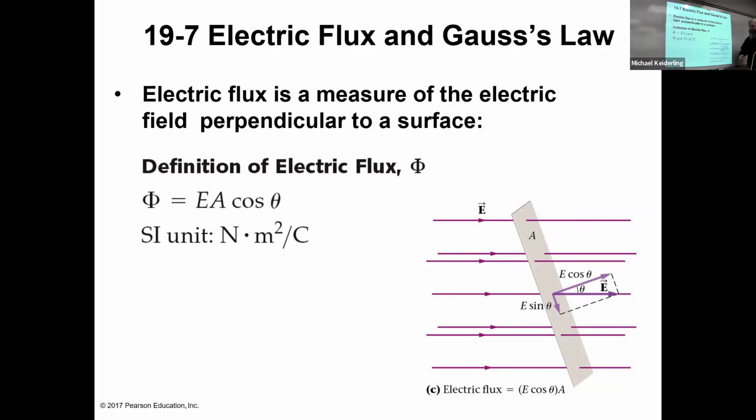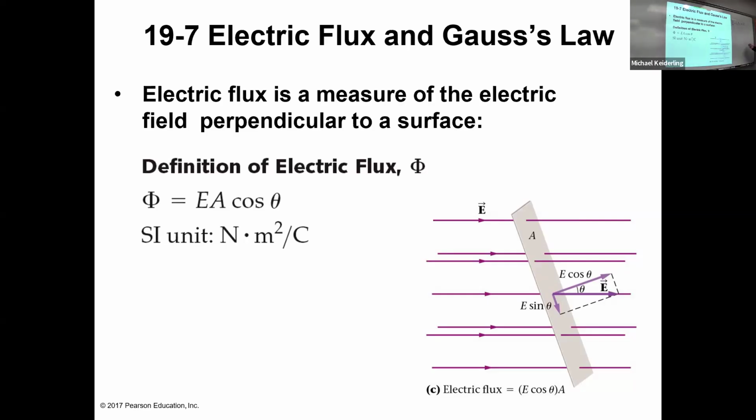The definition of electric flux is electric field times area times the cosine of the angle between them. It's like an integral of the dot product of the normal of the surface and the electric field over the surface. You're adding it up over the whole area.